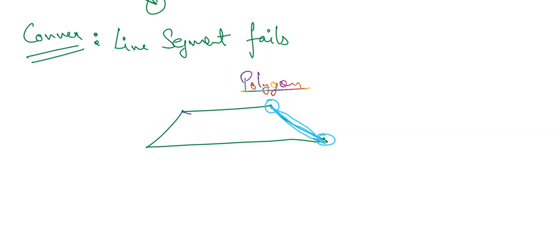It won't be lying outside, so we won't consider it to fail my line test. So if you opt for any two vertices and join them, you will get a straight line which is on the boundary, the side edge of the polygon. So here my line segment test fails.